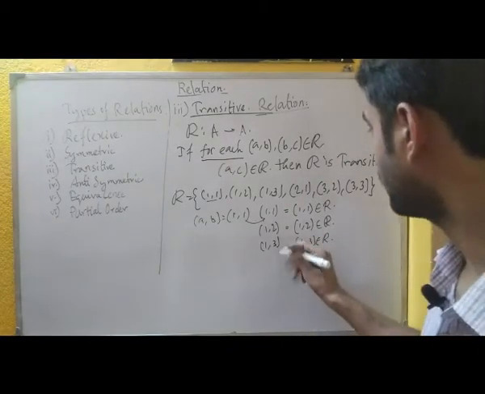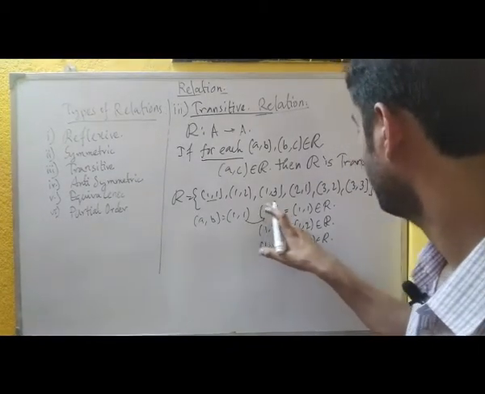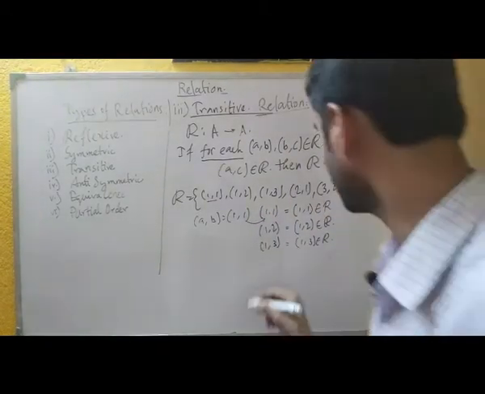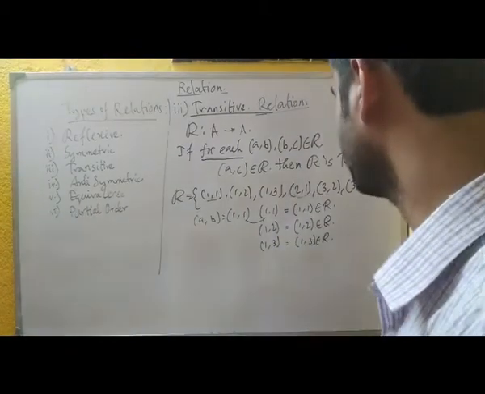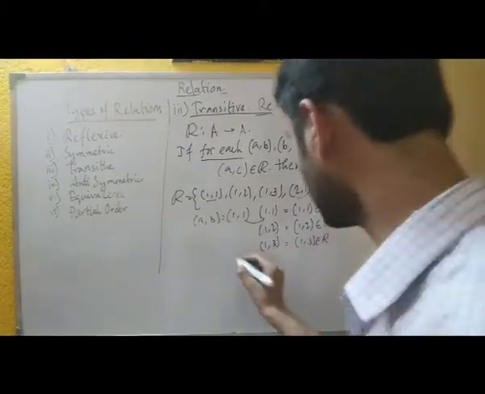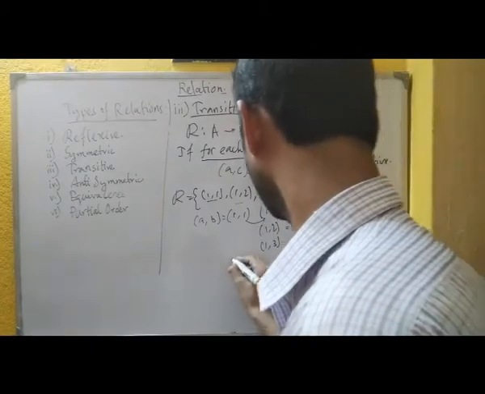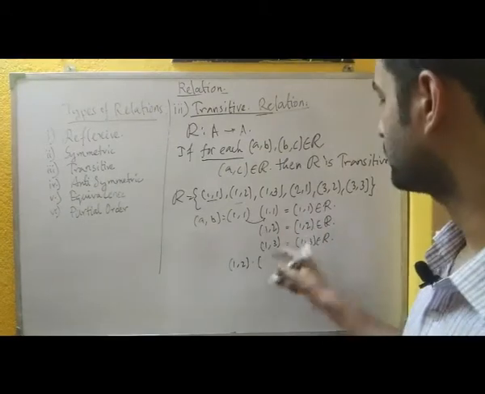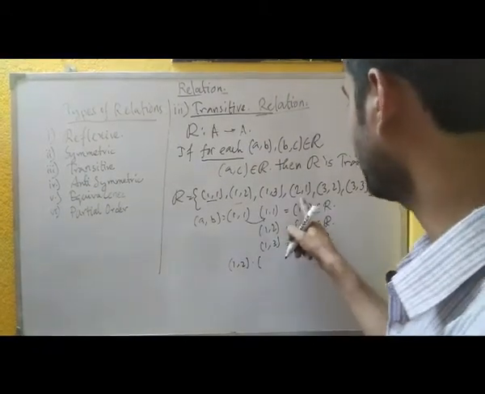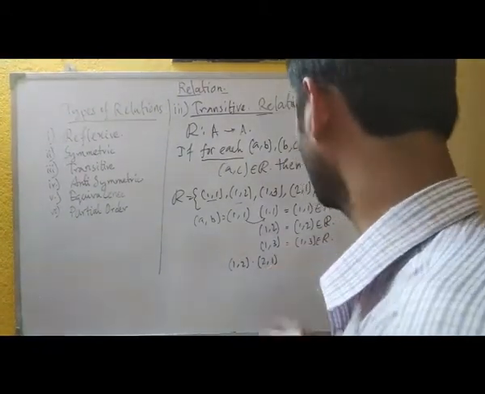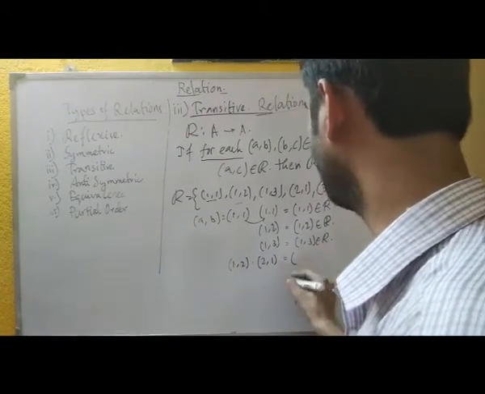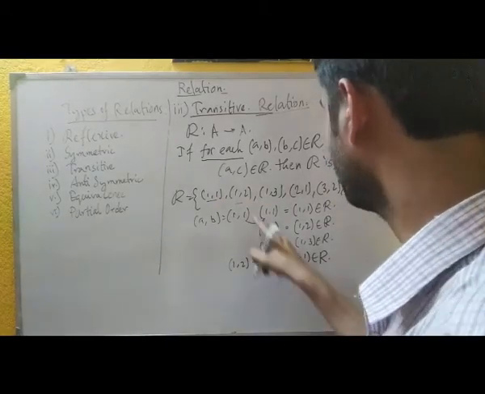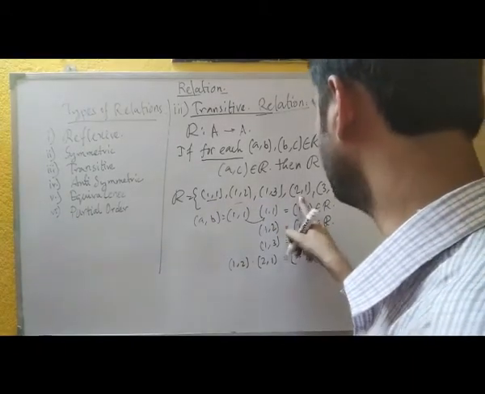Okay. So next we take the elements that start with 1, and there are no elements starting with 1. So next we consider (1,2). If we are considering (1,2), then we will take the elements that start from 2. So only one element is there, (2,1), and this gives the element AC as (1,1). That belongs to R. So for (1,2) and (2,1) there is no problem.